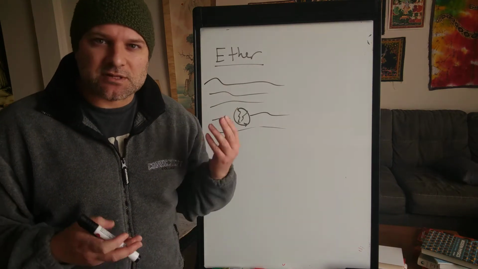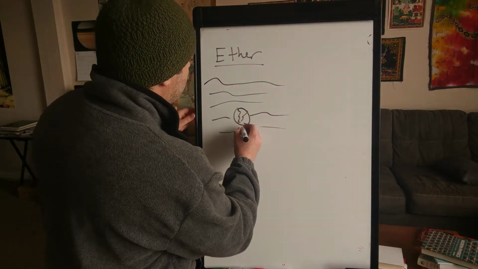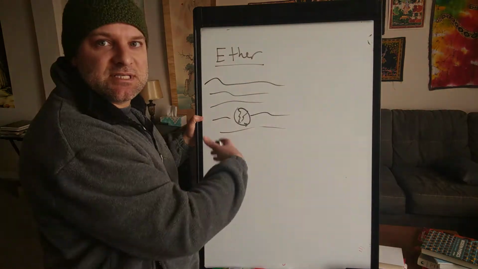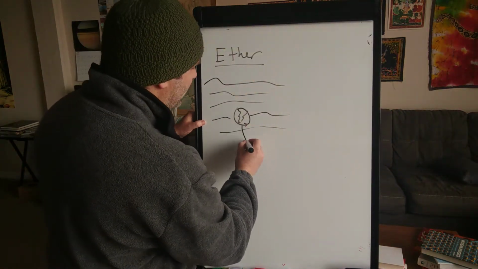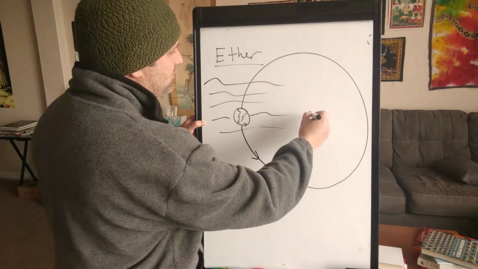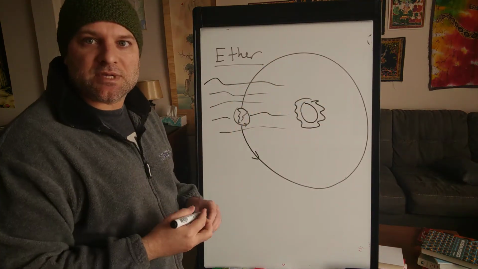So how would you go about that? Well, here's what they came up with. The Earth's not just sitting still in this sea of ether. It's moving around on its orbit around the sun, and everywhere the Earth goes, there's also ether.